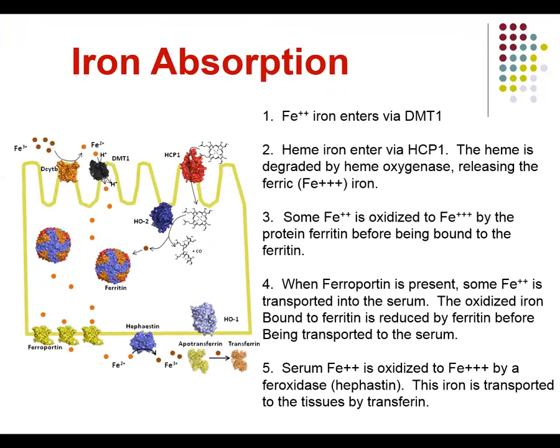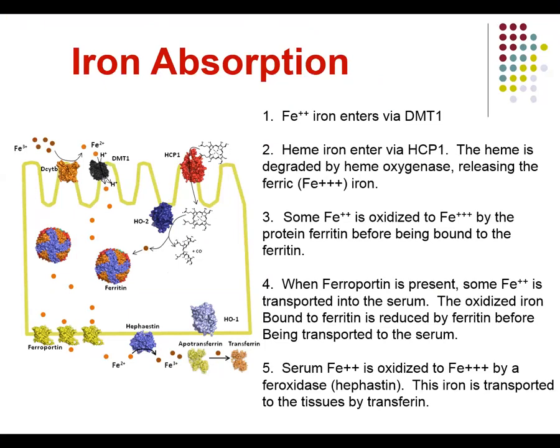Iron is absorbed by enterocytes that line the small intestines. The iron atoms are absorbed in its ferrous state. These ions enter the cell through the divalent metal transporter 1, a process that requires co-transport of proton ions.